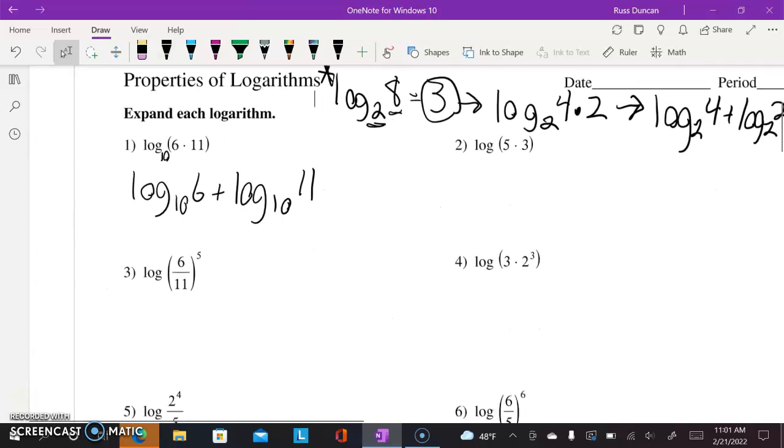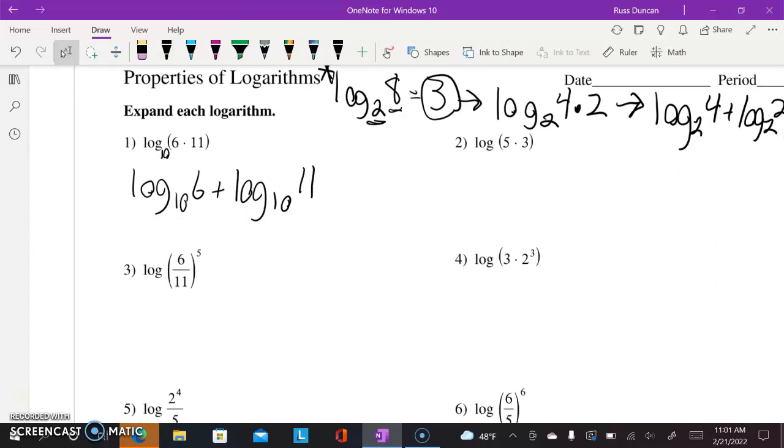The second rule has to do with powers. So let's look at number 3 together. Okay? This power, if you have a power, can be brought to the front of the logarithm. So I could write this 5. Actually, this covers both rules, both of the last two. Log of 6 divided by 11. And I'll prove both over to the side in a minute.